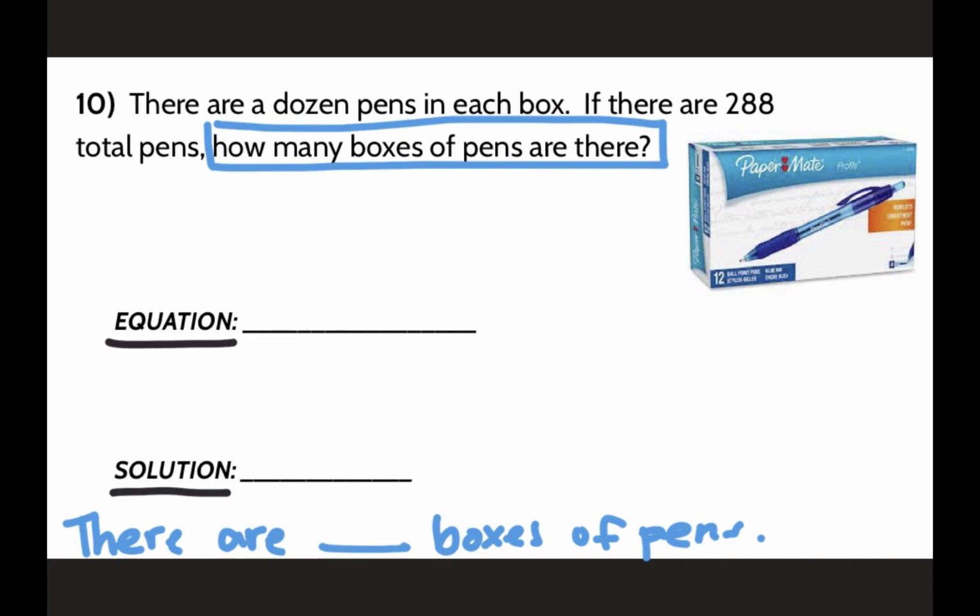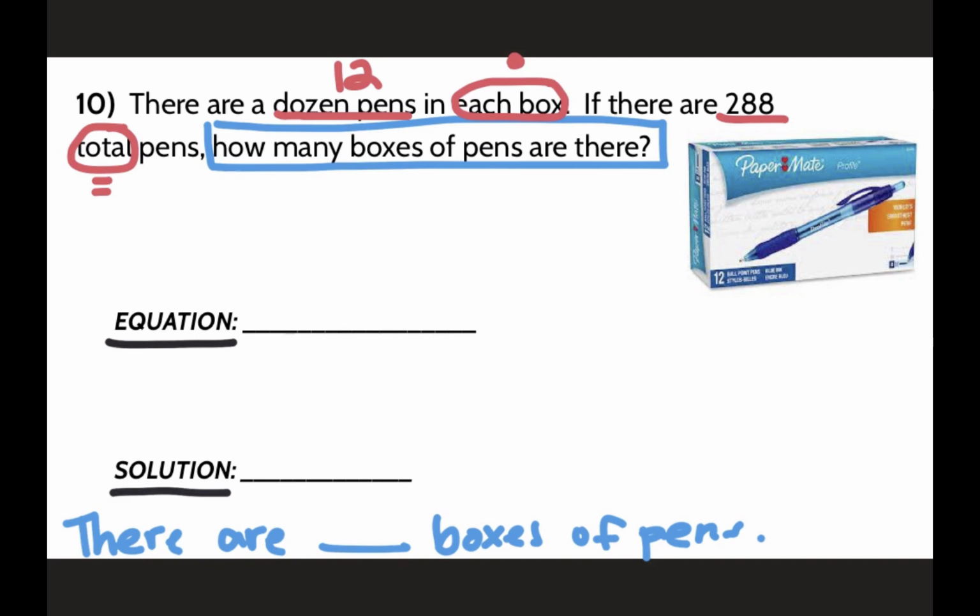There are a dozen pens in each box. Each box, repeated addition is going to tell me to multiply. Dozen pens. A dozen is another way to say 12. If there are 288 total pens, so we know that there are 288 total. That total right there is my equal sign. How many boxes of pens are there?